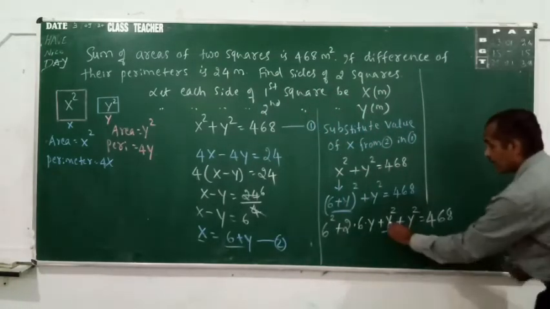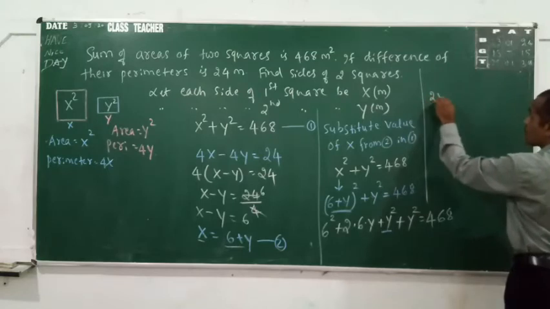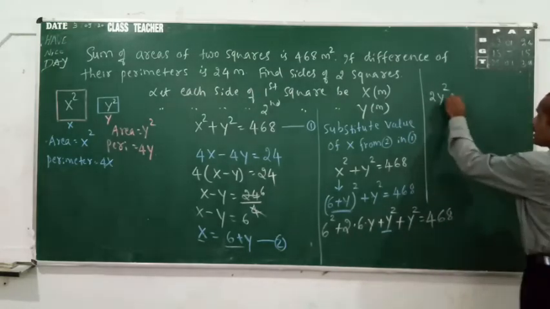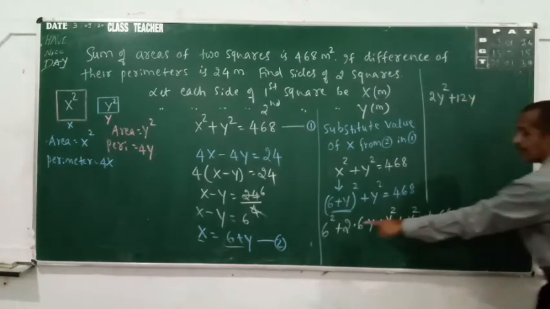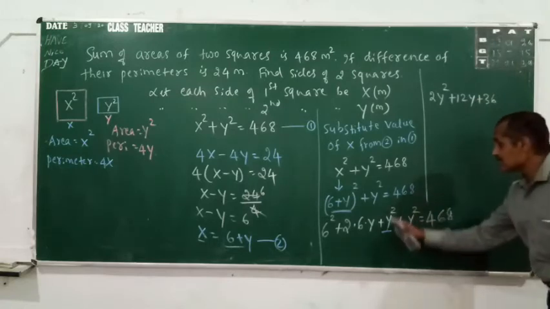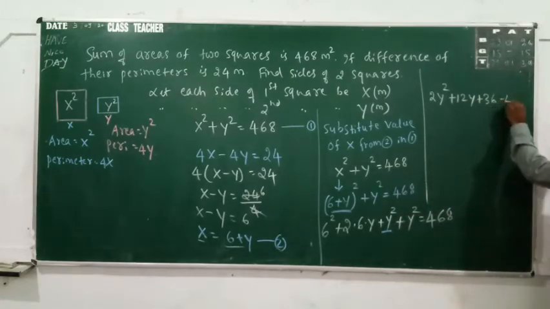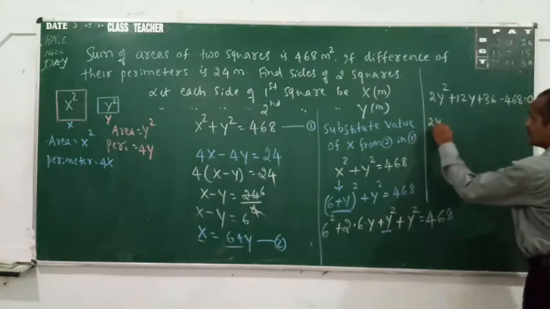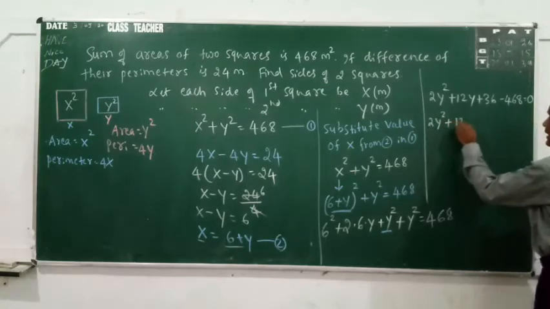Okay, I will simplify. y square plus y square gives you 2y square. This product gives you 12y, plus 36, minus 468 is equal to 0. I can simplify it: 2y square plus 12y.